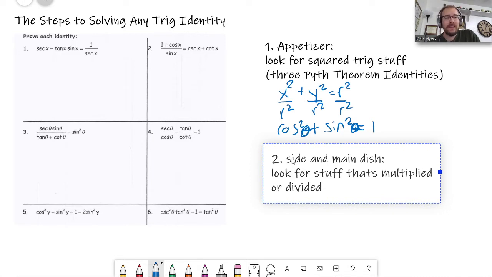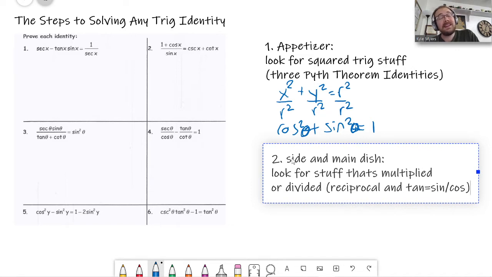When I say that, I mean we're going to use the reciprocal identities, and the tan equals sine over cosine identity, and all of its different forms that you can get by using reciprocal identities. For instance, tangent equals sine over cosine.